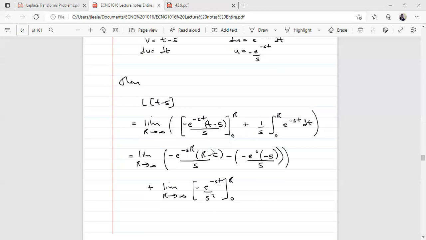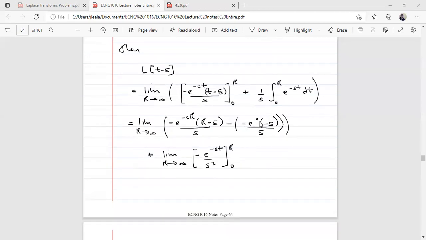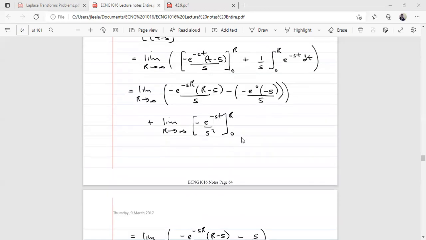And this here now, you replace the upper limit with r, and then the lower limit would be e to the 0 minus 5 over s. E to the 0 is 1, and you'll have 1 here, so you'll have minus 1.